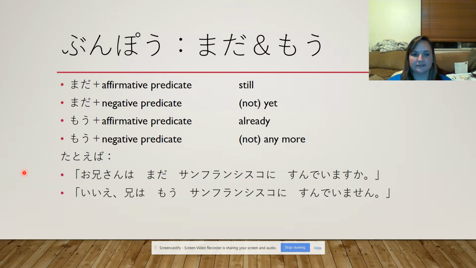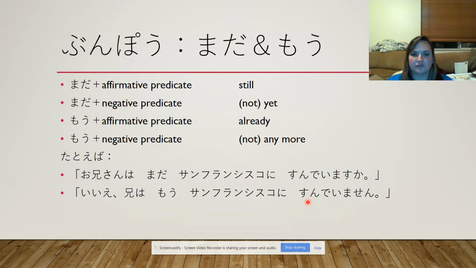Let's see how they answered. Our person replies, Iie, ani wa mou San Francisco ni sunde imasen. Okay? So now we're using mou, right? So let's take mou, and then how is our sentence ending?